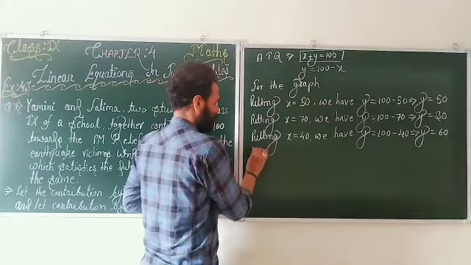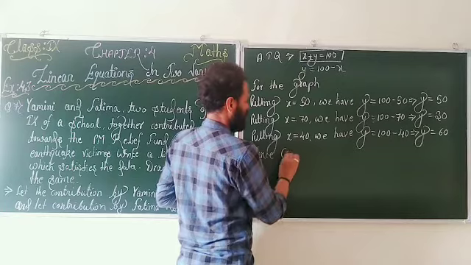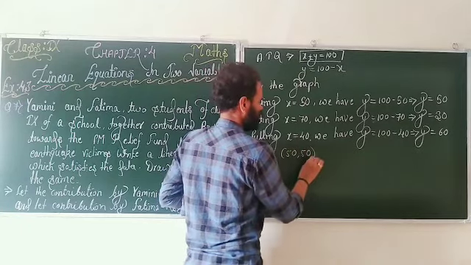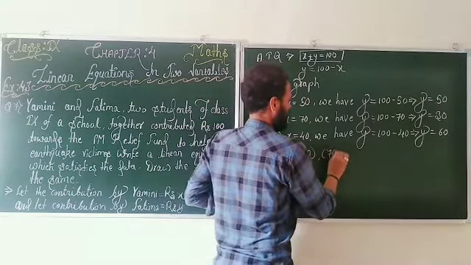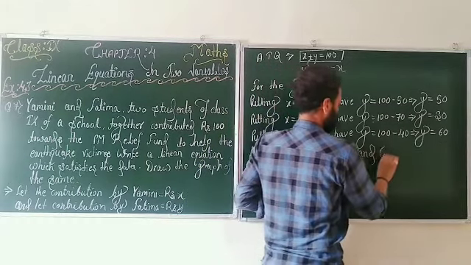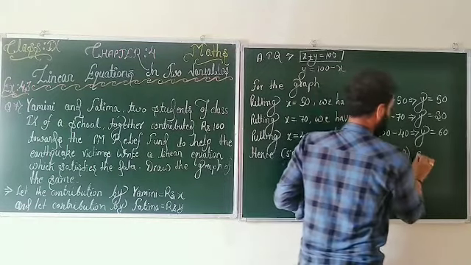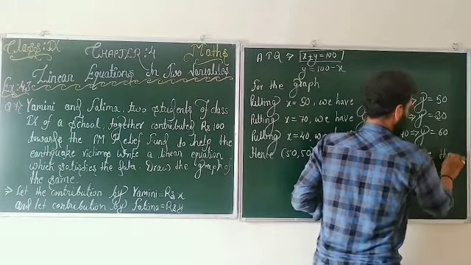So hence 50-50, 70 and 30, and 40-60 are the solutions of the given equation.